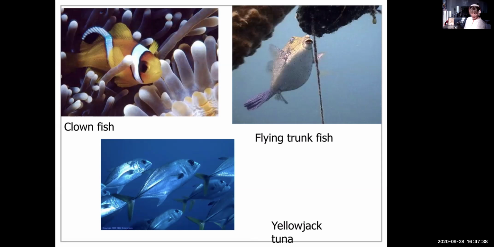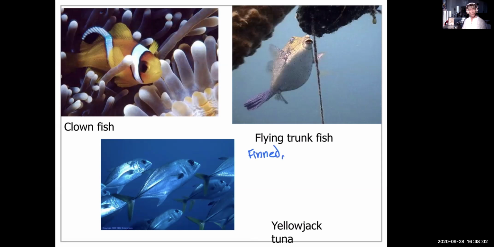What gives them away? So what, for example, do they have as appendages? They have fins. So we're going to call them finned.